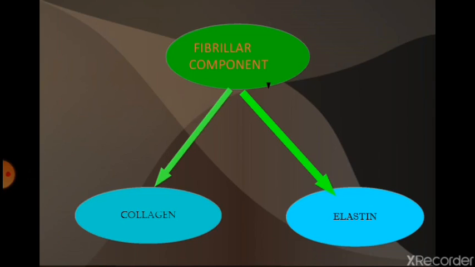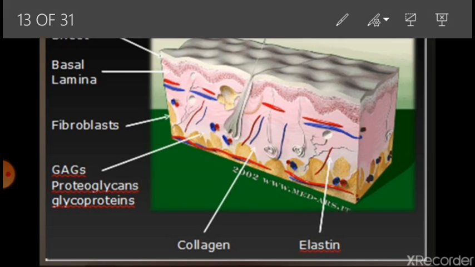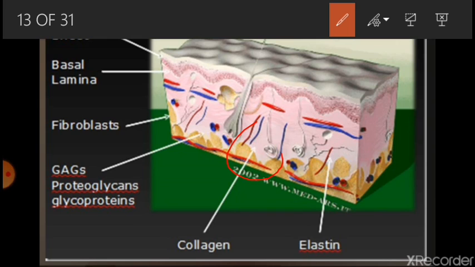Fibrillar component comprises two fibers, collagen, elastin. As we see here, extracellular matrix is of collagen fibers and elastin fibers. It also has fibroblast, the basic cell unit, and GAG, which is proteoglycan glycoprotein.